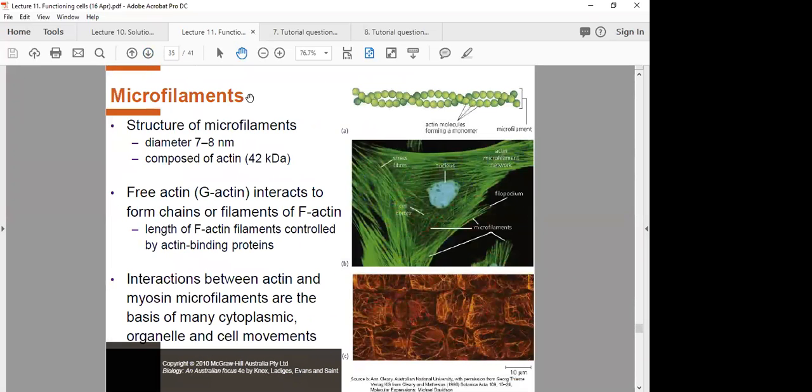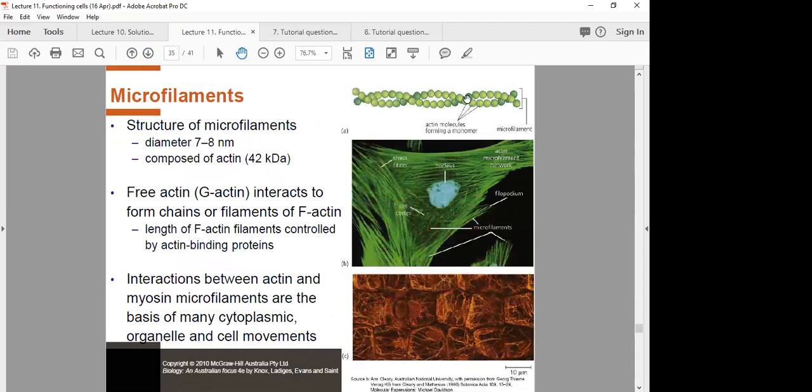All right, so let's start with microfilaments. Structure of microfilaments: they have a diameter of 7 to 8 nanometers, and they're composed mostly of a protein called actin. Actin proteins will attach to each other to form these long chains.